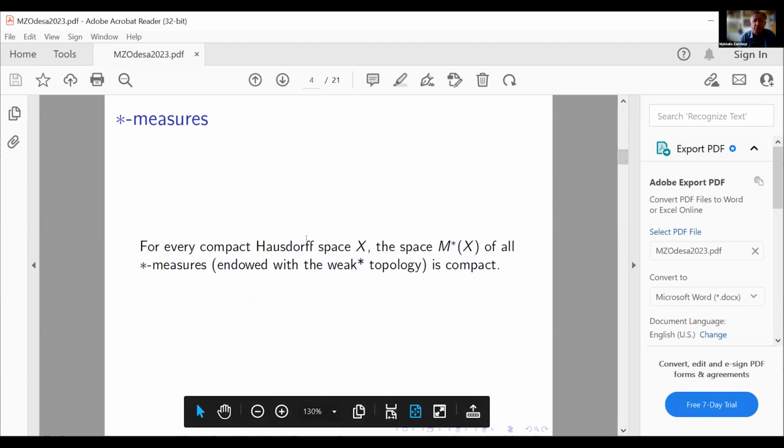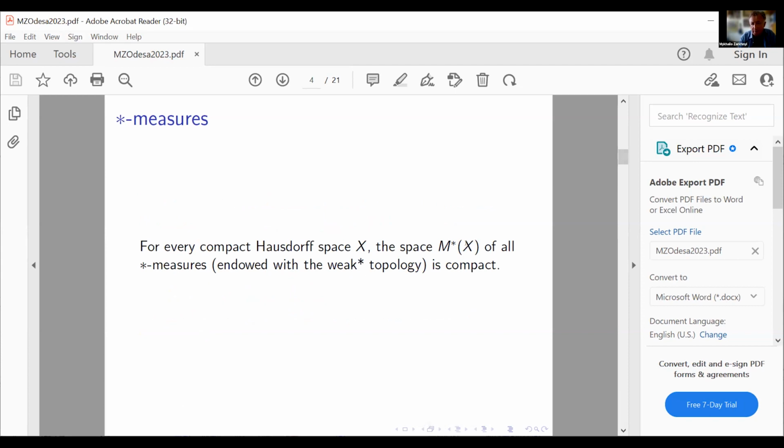For every compact Hausdorff space X, the space M star of X of all star measures, which is endowed with the weak star topology, is compact. This was proved by Sukhorukhova, and now the publication exists as a preprint. And what is the weak star topology?